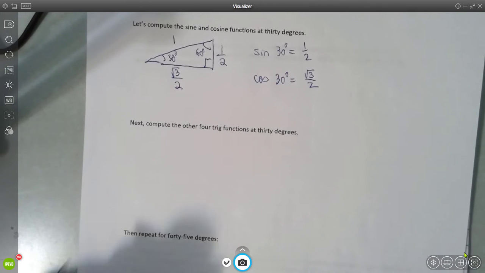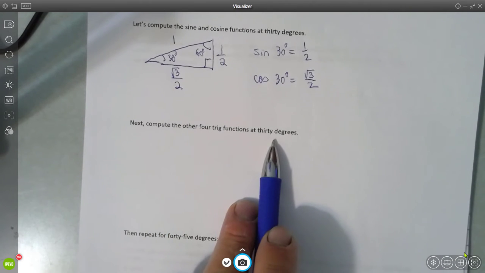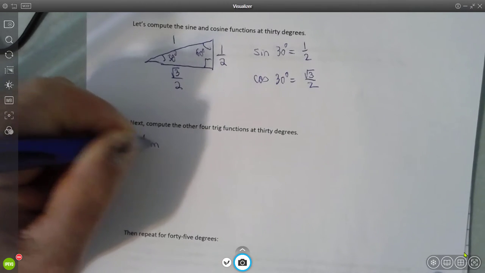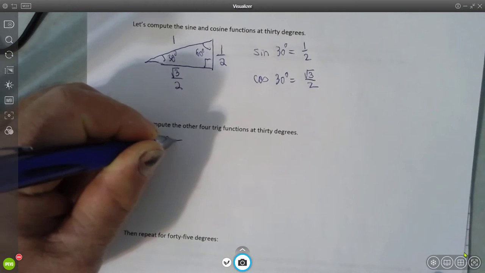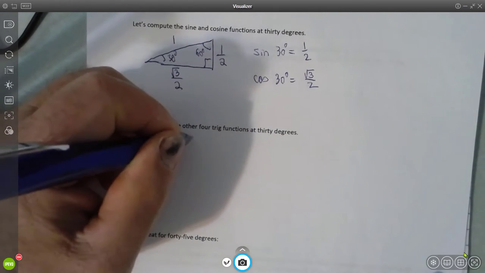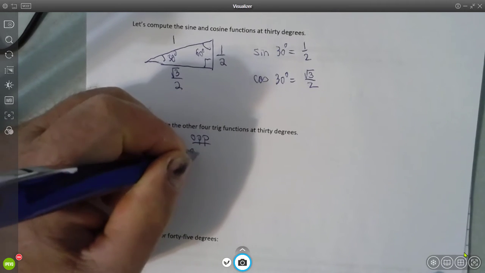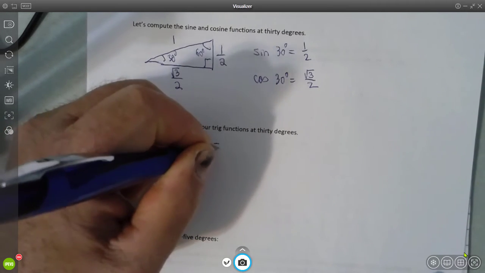Okay, the next one, compute the other 4 trig functions at 30 degrees. Well, we really have a couple of options here. The tangent of theta, if you remember, is the length of the opposite side over the length of the adjacent side. So we could do that directly.